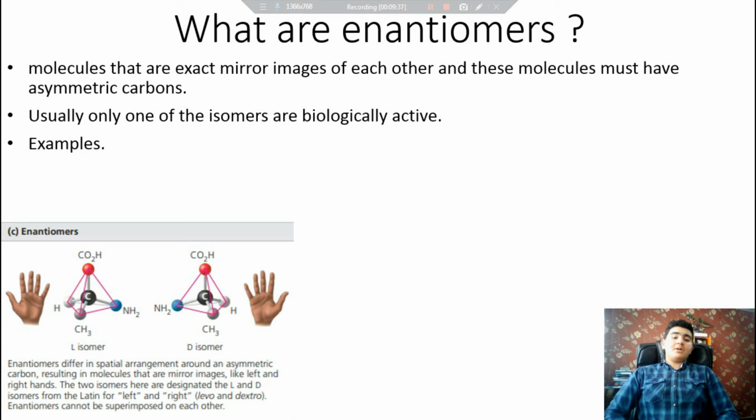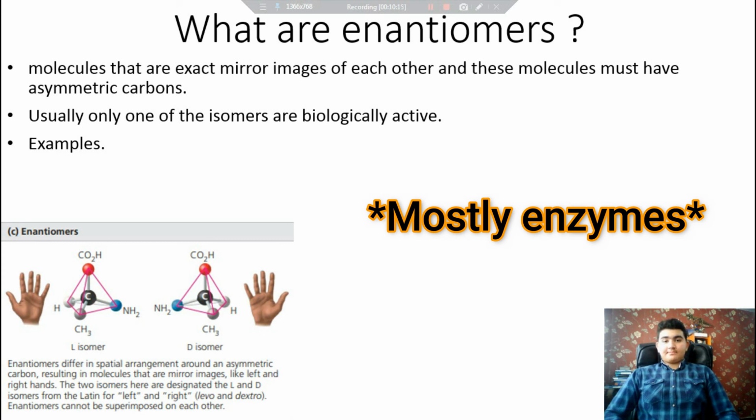The right-handed molecule won't fit into the same space as the left-handed version, and you can't even turn these molecules in 3D space to fit themselves in each other's spaces. And a very important fact is that usually one and only one isomer is biologically active, and that's because only one form can bind to specific molecules in the organism.